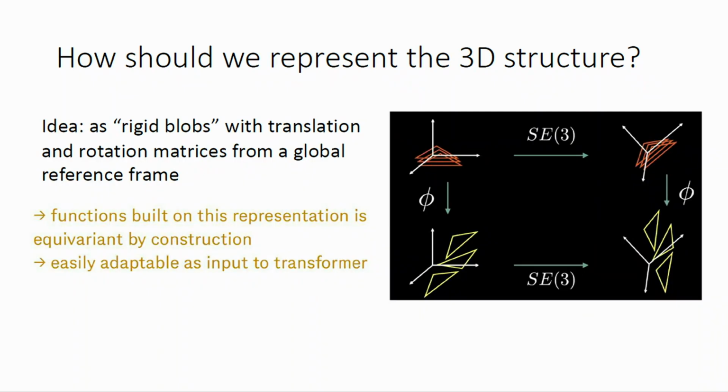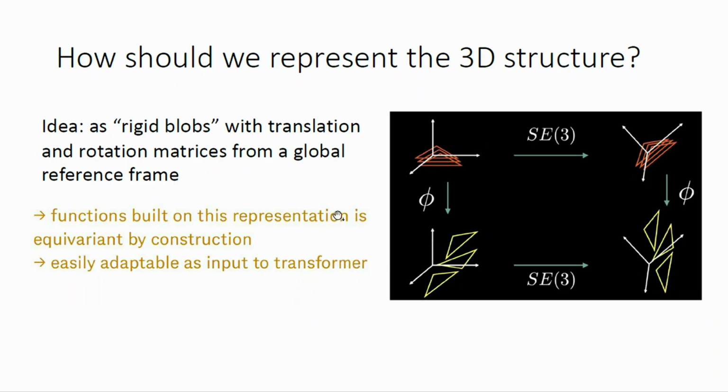Instead of tracking each of the points as just a point in 3D space as a point cloud, we define these small frames. We break the protein down into small fragments, and what we care about is how these fragments move relative to each other in the final structure. For each of these frames, we only need to model its translation and rotation with respect to some origin in the space.